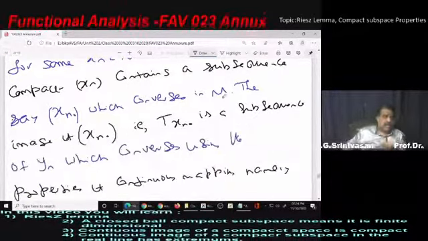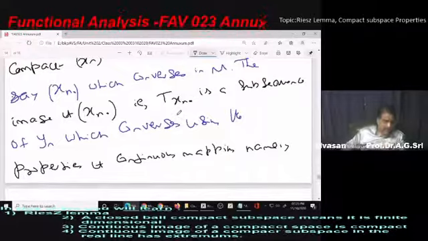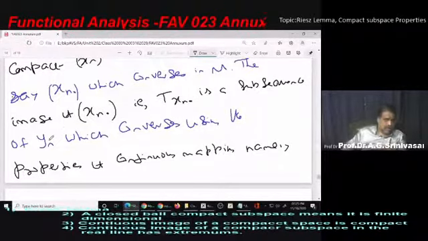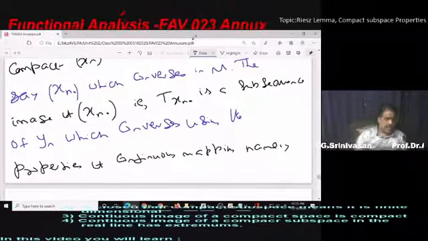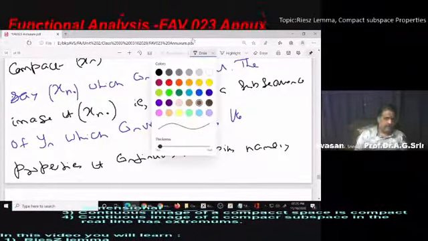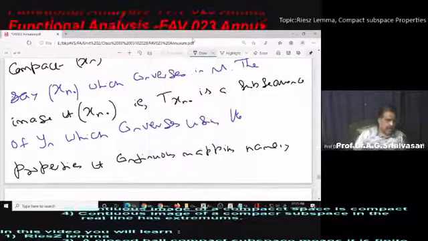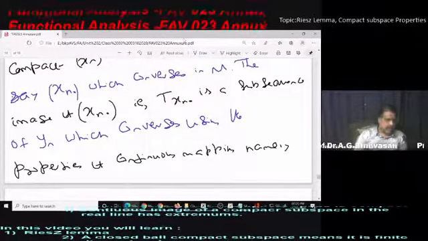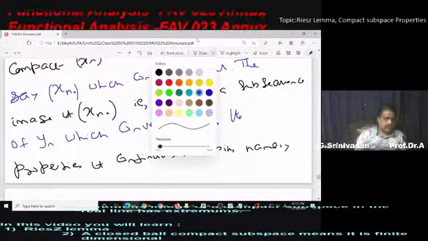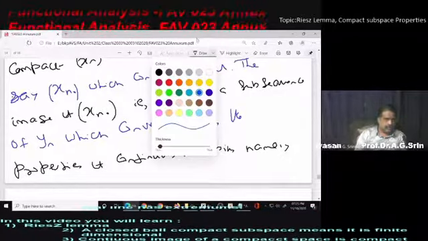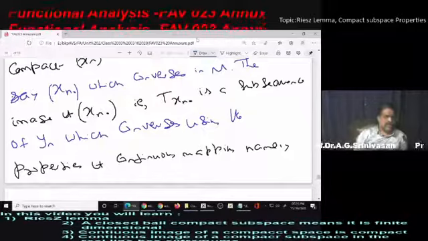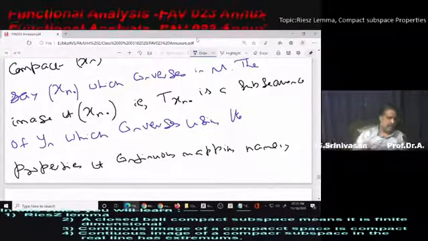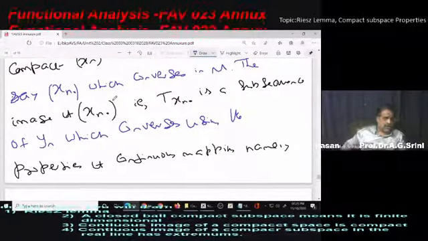So yn is a sequence which need not converge, but it contains a subsequence yn naught, which converges using the property of continuous mapping.